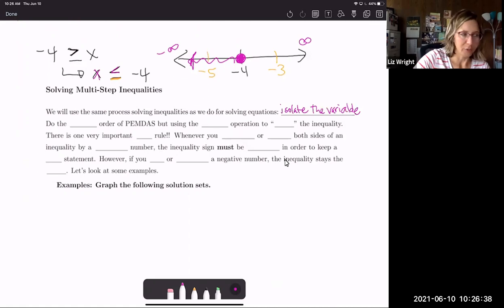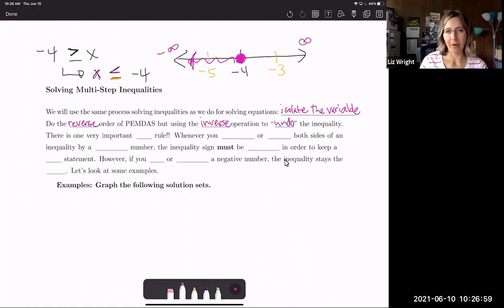So we are going to do the reverse order of PEMDAS, but using the inverse operation to undo the inequality.